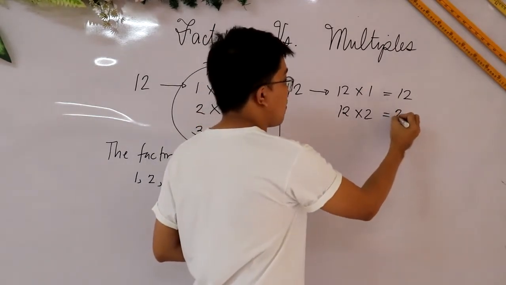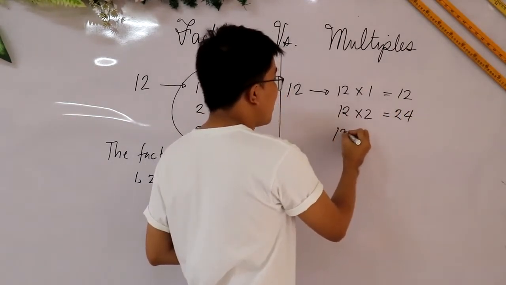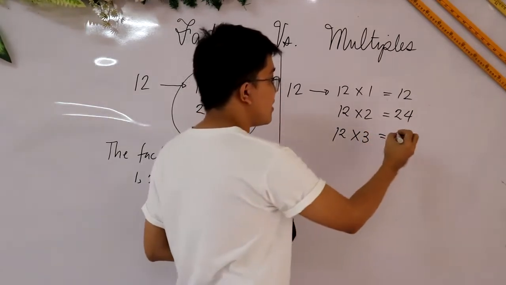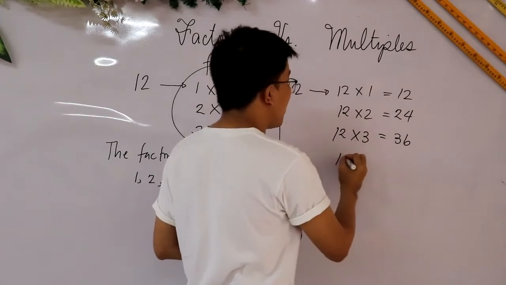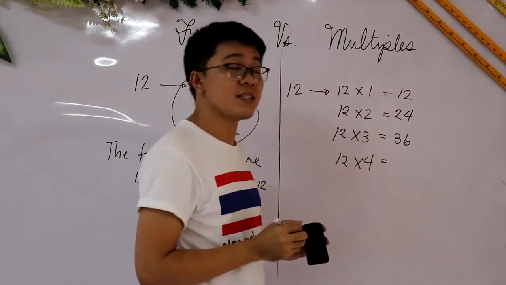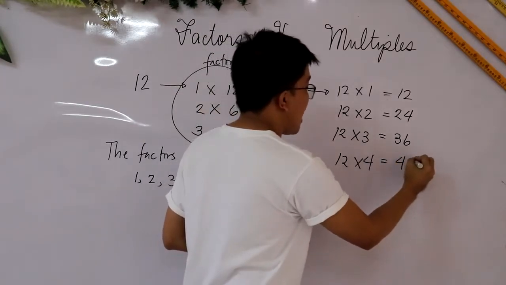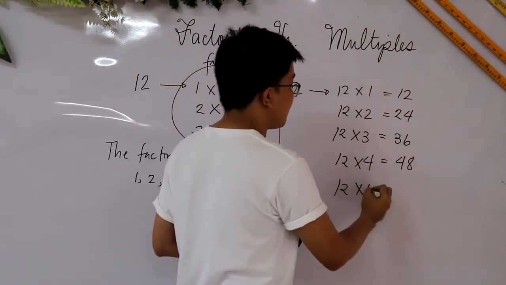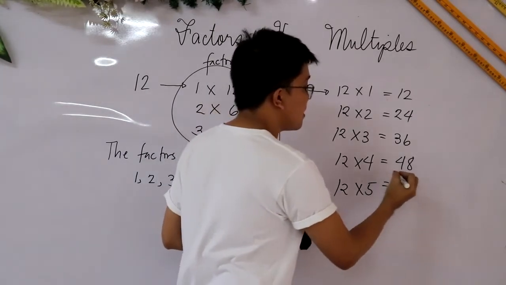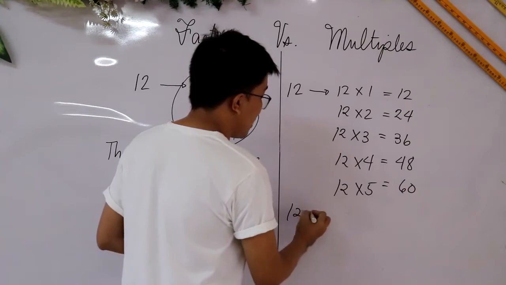Yes, it's 24. How about 12 times 3? Definitely it's 36. How about 12 times 4? It is correct, it's 48. How about 12 times 5? Exactly, it's 60.